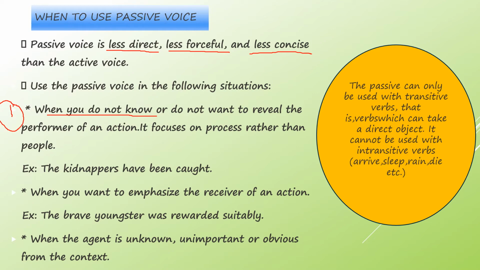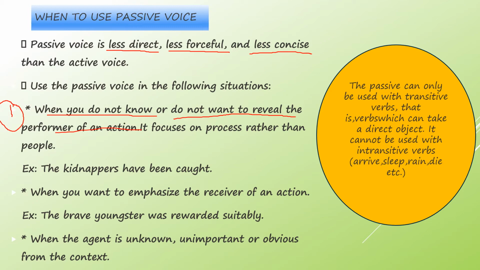The second situation is when you do not want to reveal the performer of an action. For example, by mistake your best friend has broken the glass of the window pane, and you're the prefect, and it is your duty to inform the class teacher that the window pane has been broken, but you don't wish to reveal the doer of the action, right?